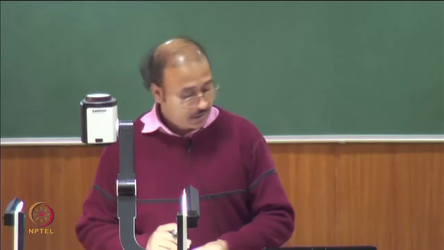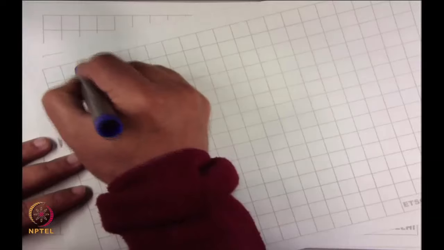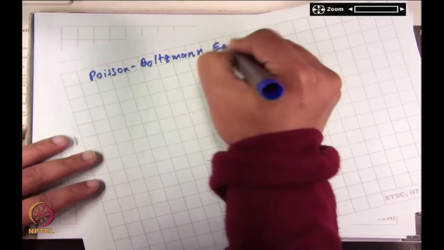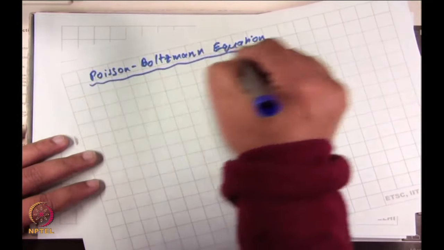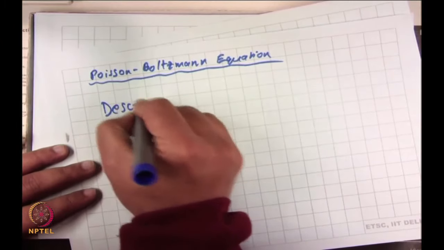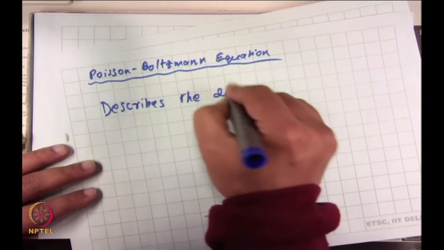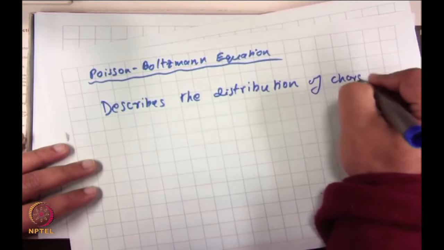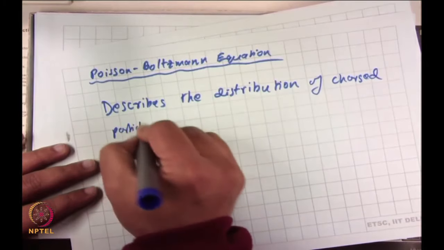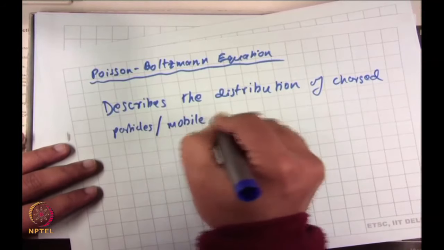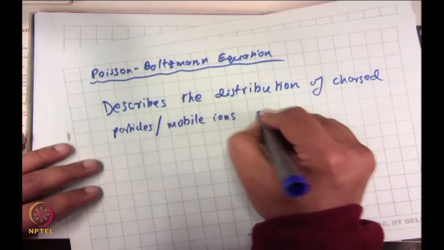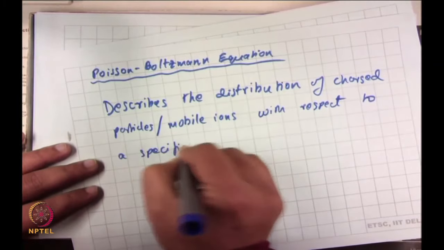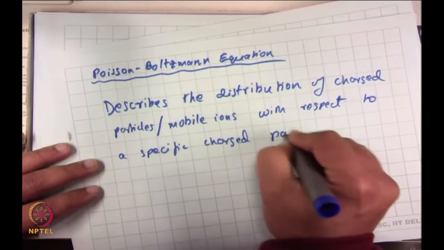So, the topic we are going to start today is the Poisson-Boltzmann equation, which describes the distribution of charged particles, or mobile ions, coming from your salts, with respect to a specific charged particle.